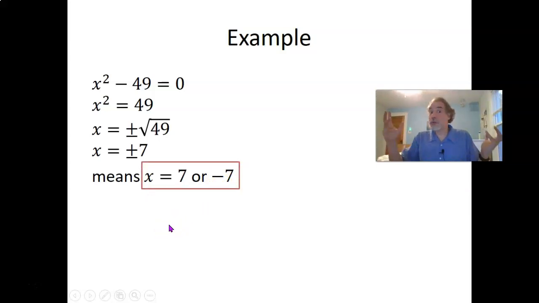So there's our two solutions, 7 and negative 7. But the key thing here to keep in mind is when a variable squared equals something, that variable by itself equals plus or minus the positive or the negative square root of that thing.